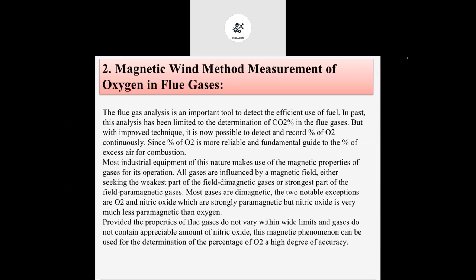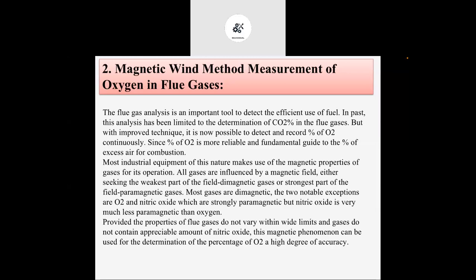So what we are going to do is apply the magnetic field. Whenever the flue gases pass near the magnetic field, oxygen will be attracted toward the magnetic field and separate out. When that oxygen comes to the magnetic field, we increase its temperature.